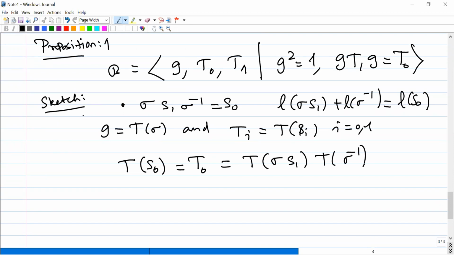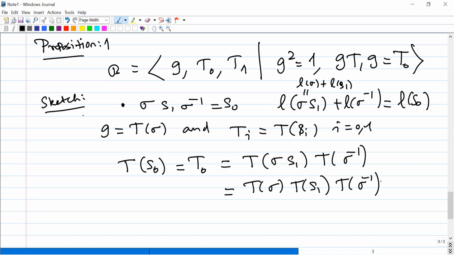Again the lengths add up, the length of sigma plus the length of S1. So this will be equal to T of sigma, T of S1, T of sigma inverse.